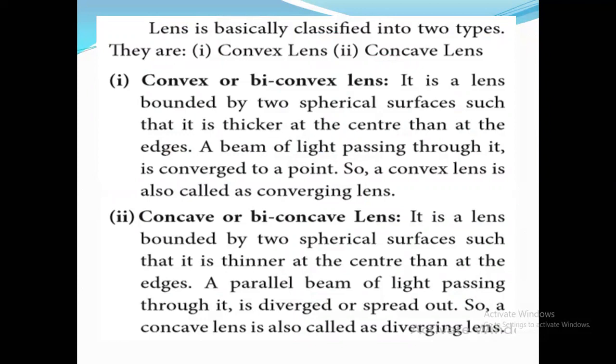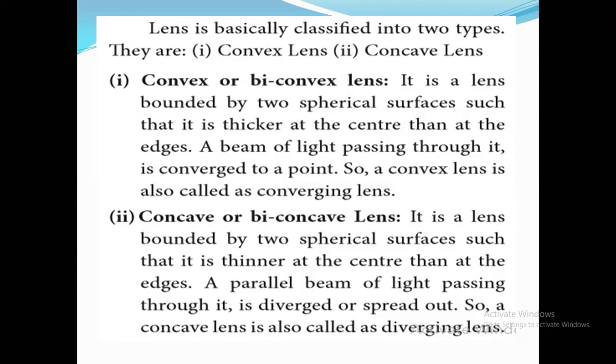They are the convex lens and the concave lens. Convex or biconvex lenses, as we just saw in the picture, are lenses bounded by two spherical surfaces such that it is thicker at the center than at the edges. Understand? The center part is thicker, and going toward the edge it is thinner. So that is the convex lens.